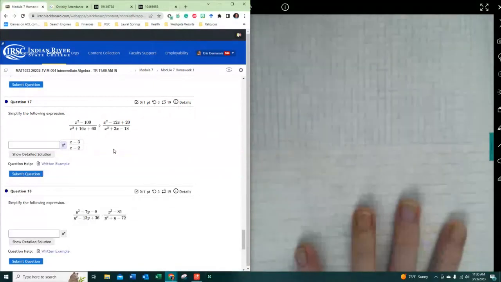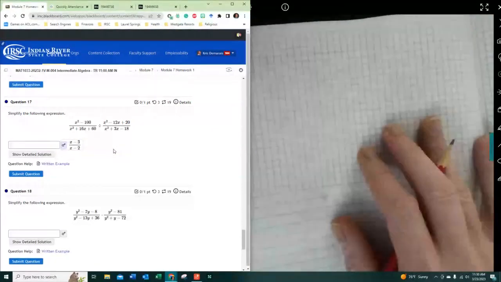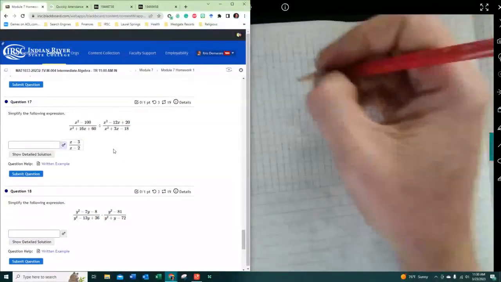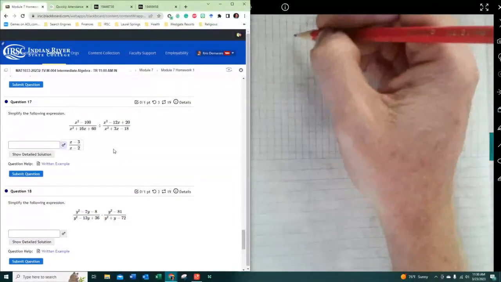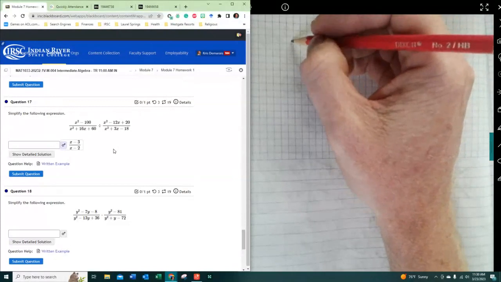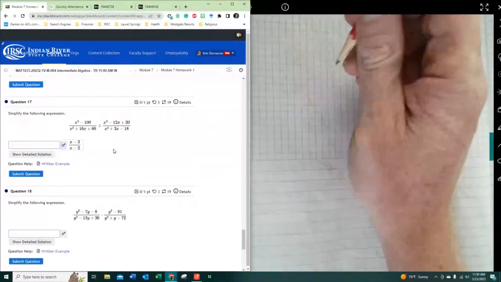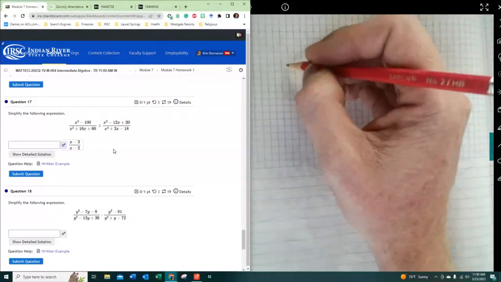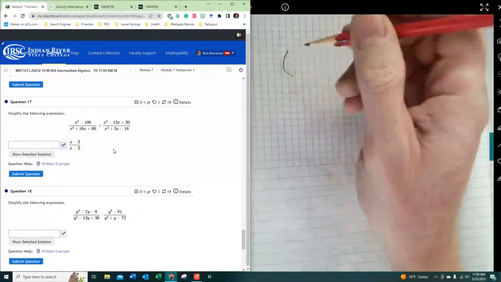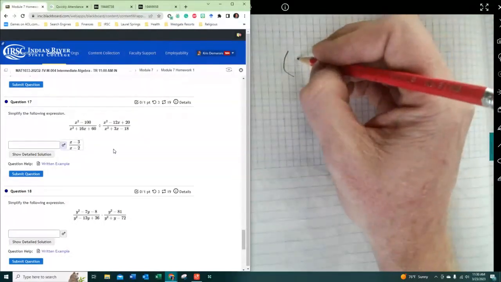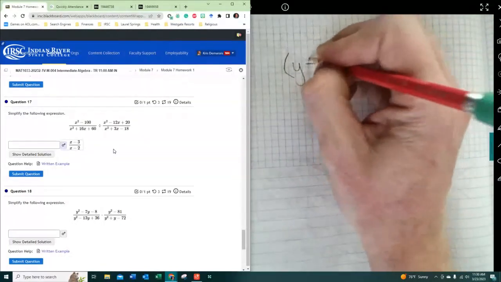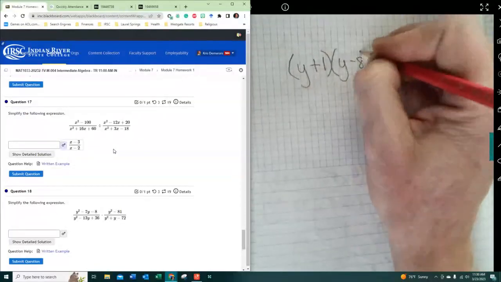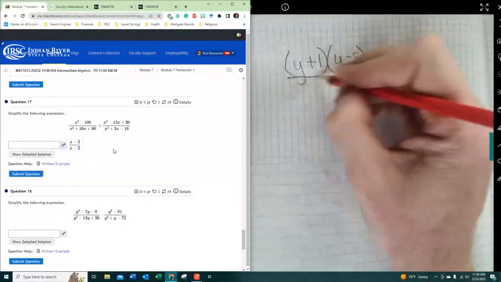All right, now we move on to multiplication. You don't have to do the KCF, okay? Now, let's take a look at this. We're going to go ahead and factor it. So factoring, what two numbers multiply together to create negative 8 that add up to negative 7? So we're looking at 8 and 1, right? Because we're going to get a positive 1 added to a negative 8 gives us negative 7.